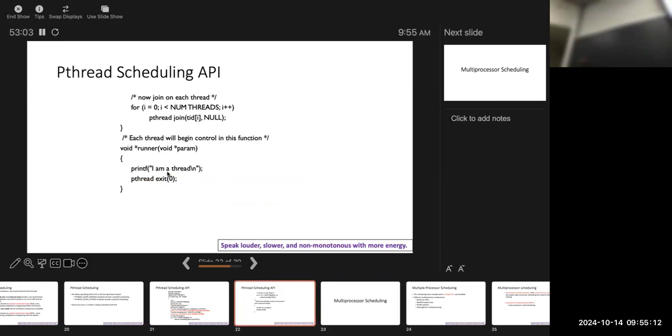The scheduling will be done at the level of the kernel, which means that if you are single core, either this thread or this one gets the chance at a given time. But if I get your question correctly, you are asking whether it will keep scheduling again and again until all the user level threads get the chance and complete their execution, right? Yeah, then that is true. That will happen, yes.